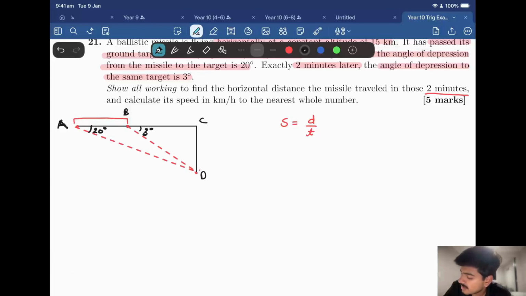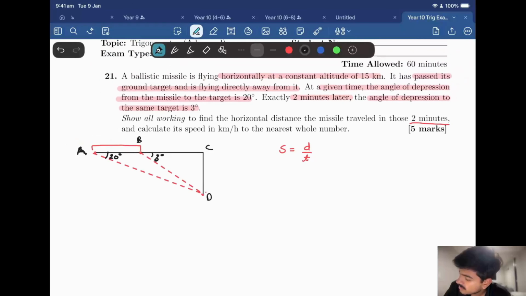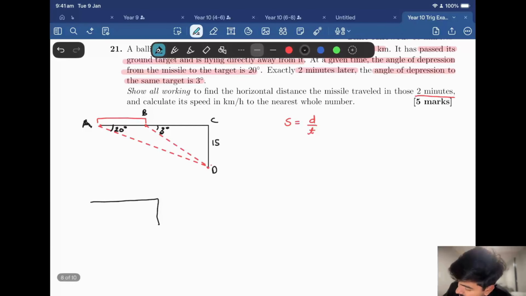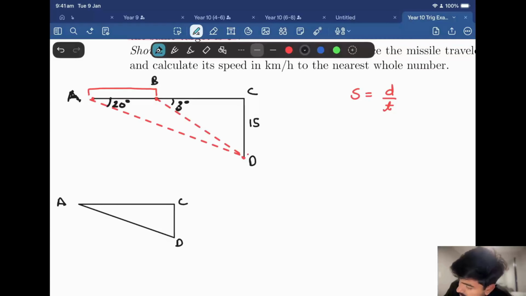How are we gonna find AC? Okay, so we know CD is 15, okay? So we can find AC pretty easily, okay? So let's just draw a little mini triangle, okay? This is A, this is C, this is D, okay? AC is X, CD is 15, this here is 20.